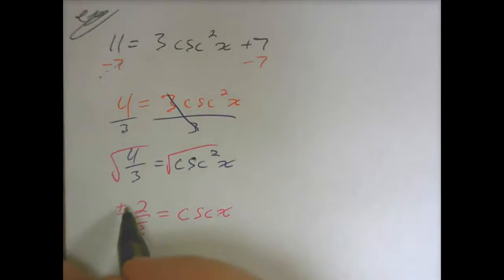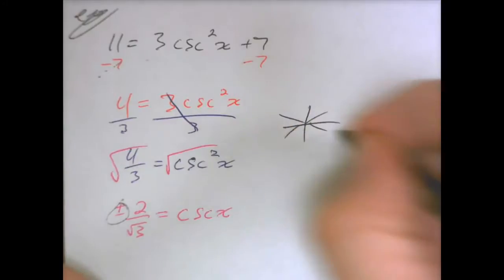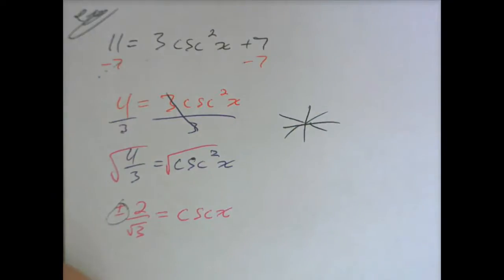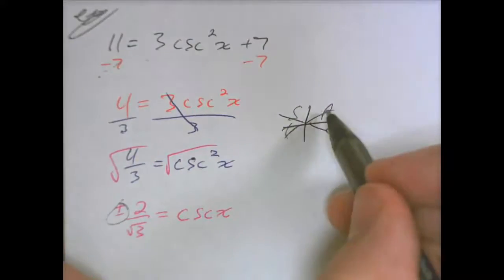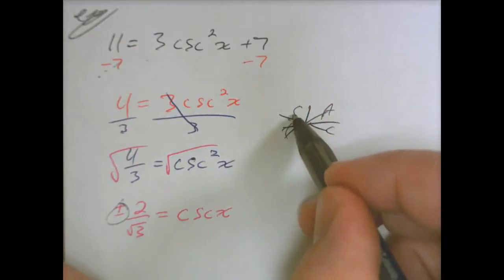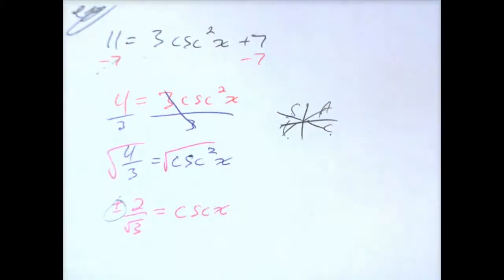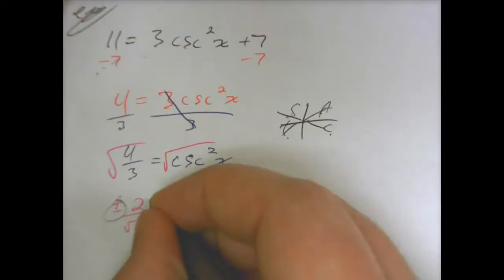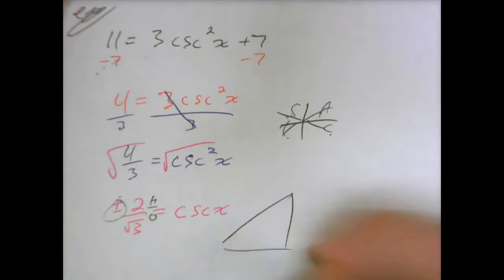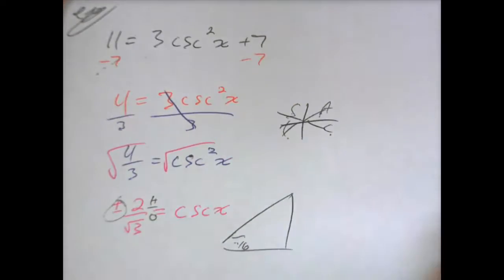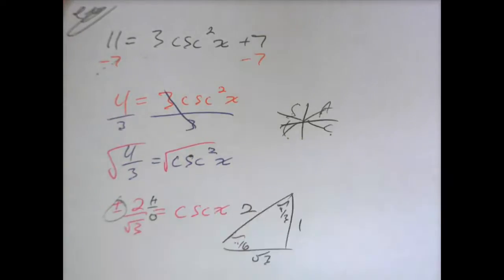Now, if it's positive or negative, that means it's going to be any quadrant, right? Because you have All Students Take Calculus: all positive, sine positive, tangent, cosine. So that means cosecant is going to be everywhere. All we really have to figure out is such that hypotenuse over opposite is 2 over root 3. Well, that comes from your pi over 6, pi over 3 triangle, root 3, 1, 2.